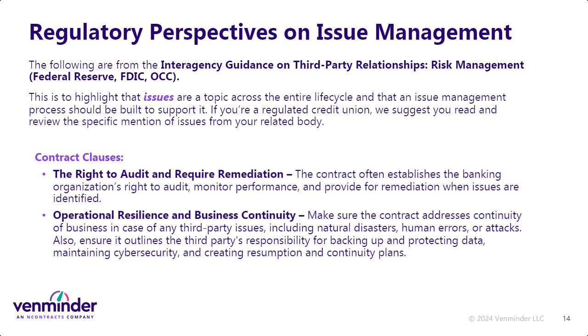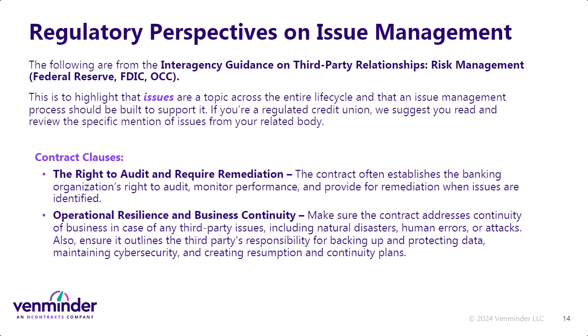And what I want to do here is to highlight that issues are a topic across the entire life cycle. And again, it's mentioned throughout this guidance. If you are a regulated credit union, which I'm sure all of you are, then I'm sure the role that you're in, or somebody that you're reporting to, has read this and understands where these specific issues are touched throughout this guidance.